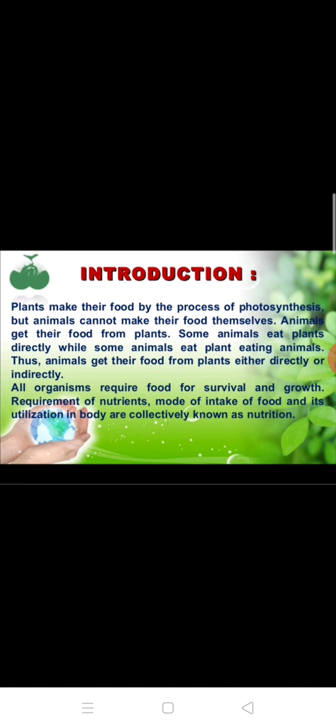Thus, animals get their food from plants either directly or indirectly. All organisms require food for survival and growth. Requirement of nutrients, mode of intake of food, and its utilization in the body are collectively known as nutrition. You already studied nutrition in the last chapter.